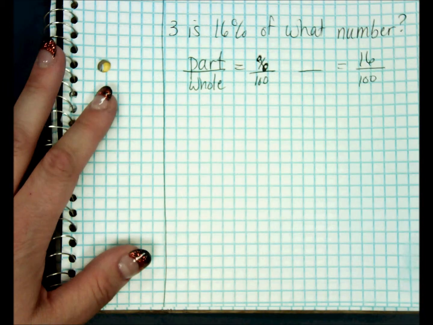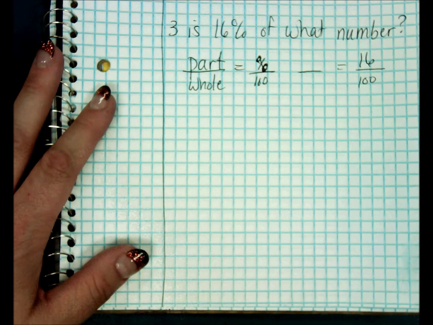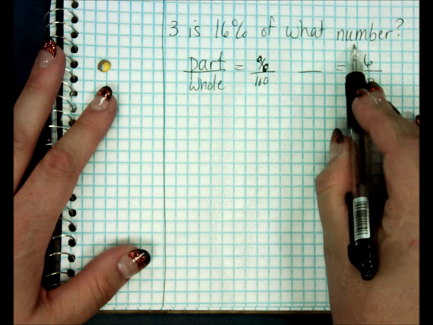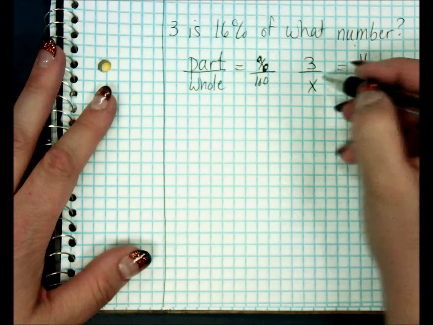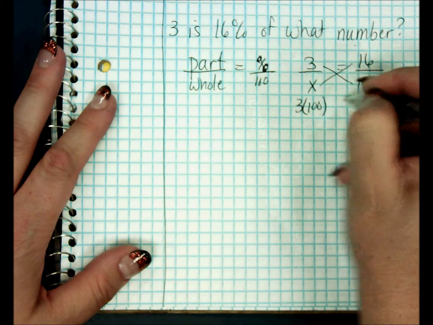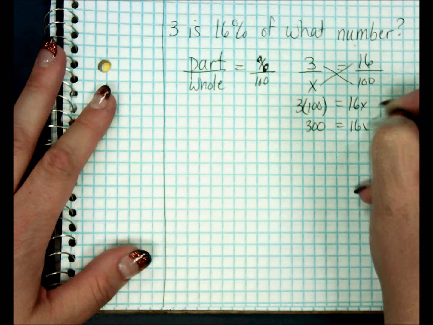Now, 3 is 16% of what number? When you're taking a percent of a number, you're taking a piece of the number. So if I'm taking a percent of this number, this is my whole, this is my part. So my part is 3, and I don't know my whole. Here we go. So we get 3 times 100 and 16x. I get 300 on this side and 16x on this side.